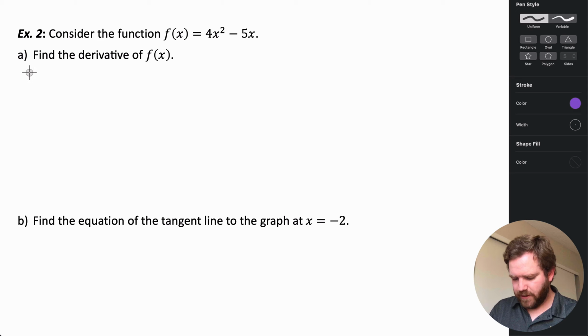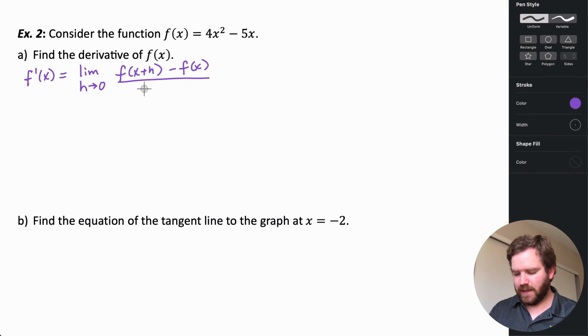So we'll call this f prime of x. So the derivative is equal to the limit as h approaches 0. Remember, it's f of x plus h minus f of x, all divided by, well, x plus h minus x, which just turns out to be h. So substitute in x plus h into this, and we can do our substituting and simplifying.